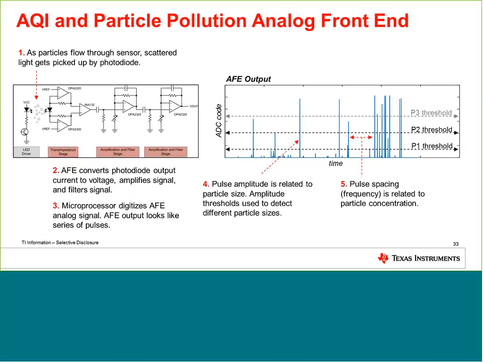Not only can we detect very specific particles, because P1, for example, can be the threshold for 2.5 size particles, and P3 can be the threshold for 10 micrometer particles, but because we now have ADC code and not a fixed comparator, we can detect the frequency and also what is in between. So we have the possibility not only to detect two major particles, but also the type of the particles, and also to detect the particles in between.